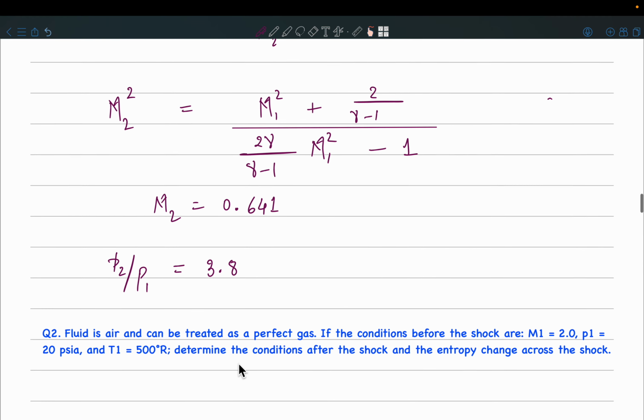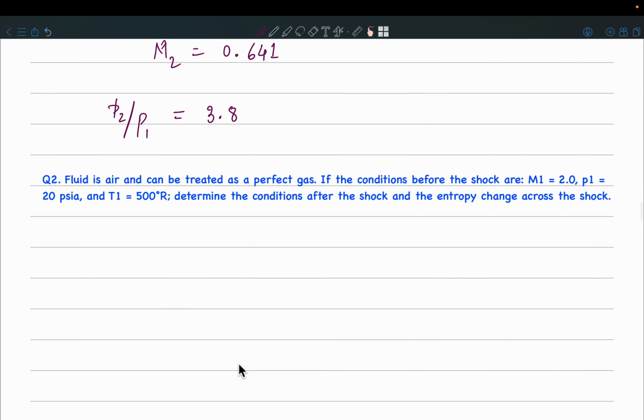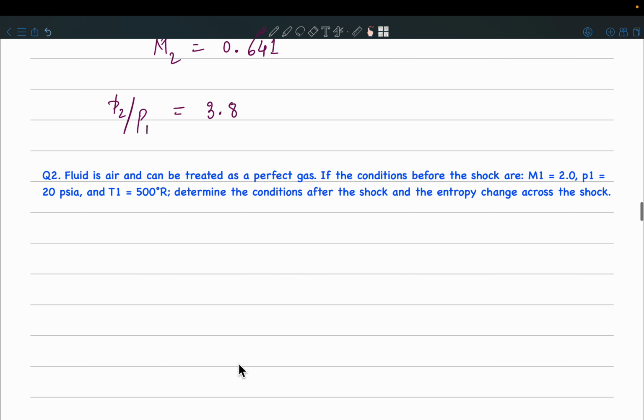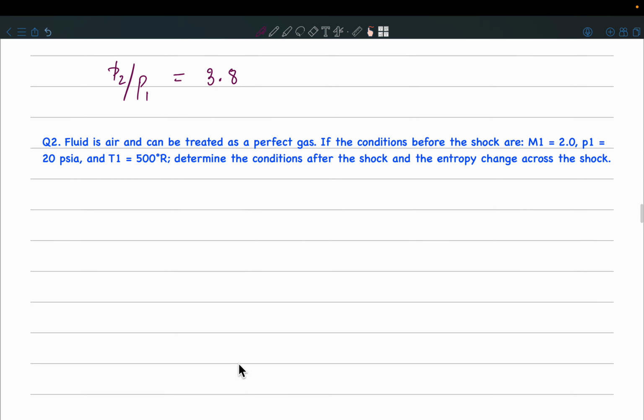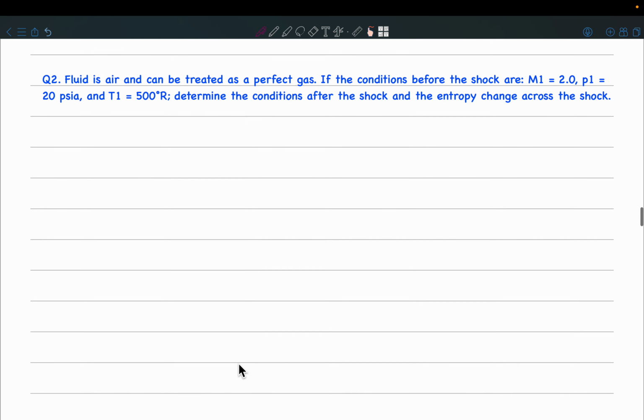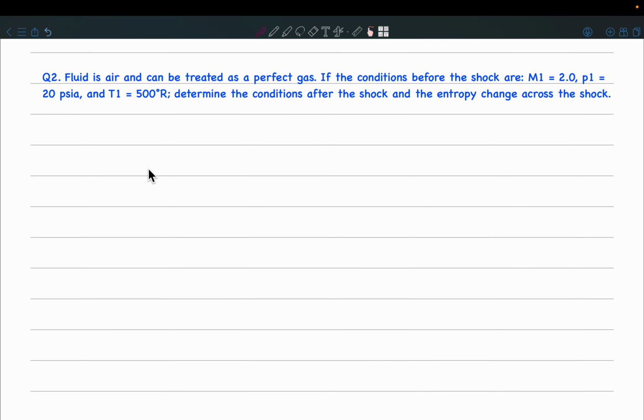Okay, so we'll move on to the next question. So the fluid is air, you can take gamma as 1.4, and if the conditions before the shock are given to you, you have to determine the conditions after the shock, and you have to also calculate the entropy change that occurs across the shock. So we are given M1, P1 and T1.